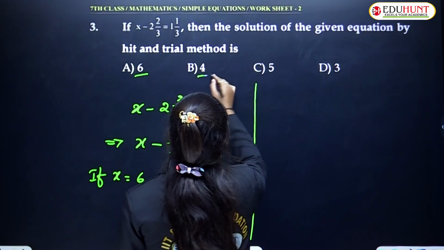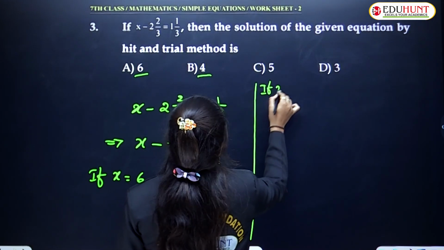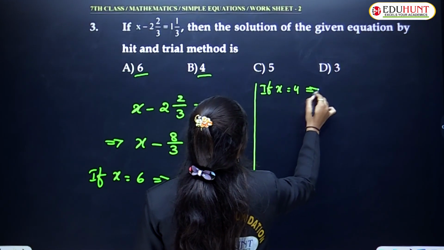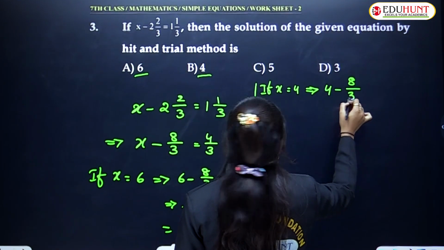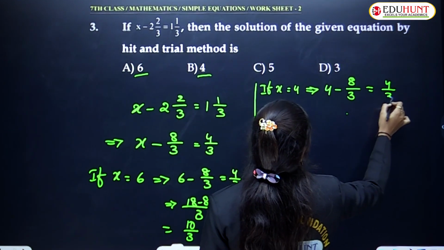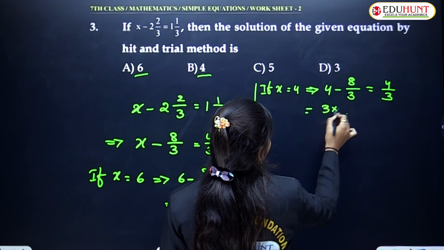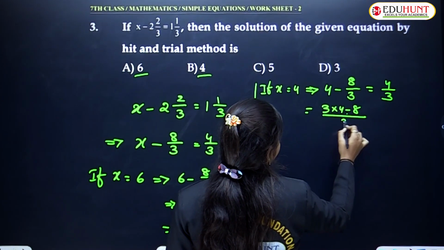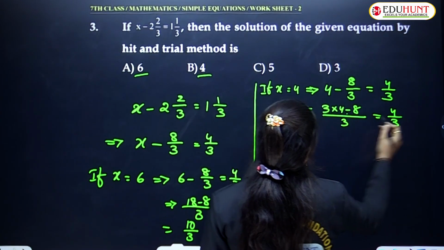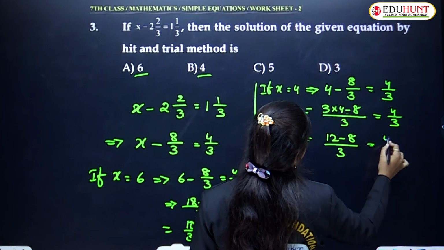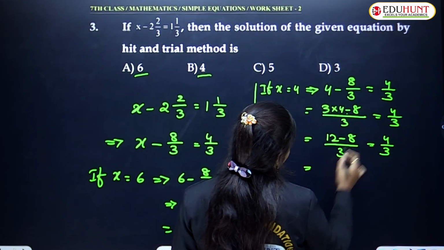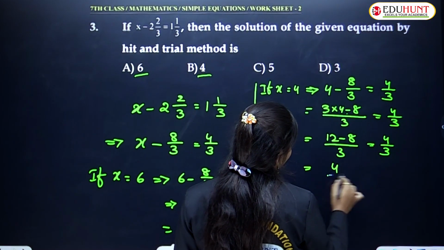Next, second option 4. If x is equal to 4, then here 4 minus 8 by 3, which equals 4 by 3. 3 into 4 minus 8 by 3, which equals 4 by 3. 3 fours are 12 minus 8 by 3. 12 minus 8 is 4 only, no? 4 by 3.